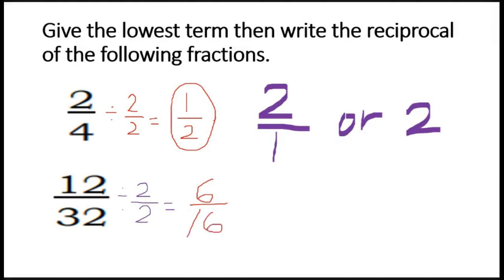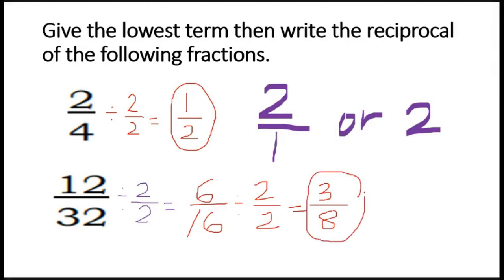So now we can still divide both sides by 2. 6 divided by 2 is 3. And then 16 divided by 2 is 8. Yan. Ganyan ang pagkuha ng lowest term. So we have now a lowest term of 3 over 8.